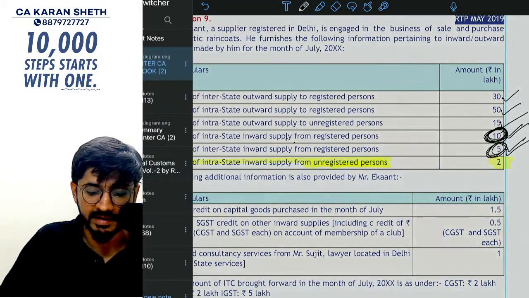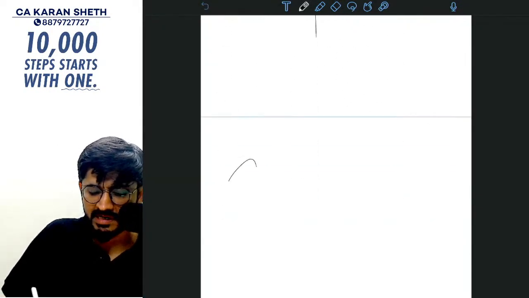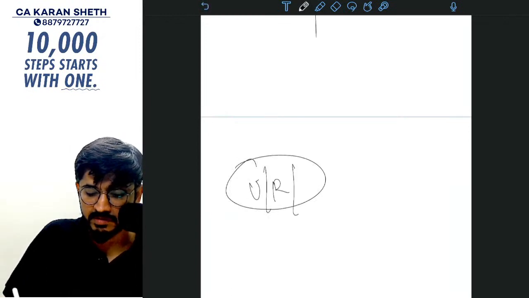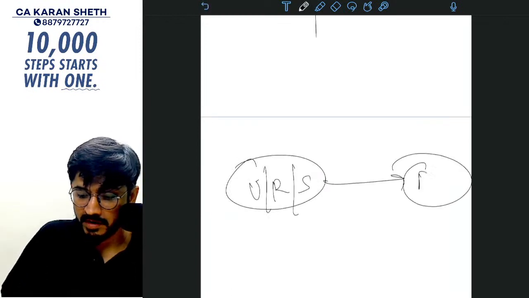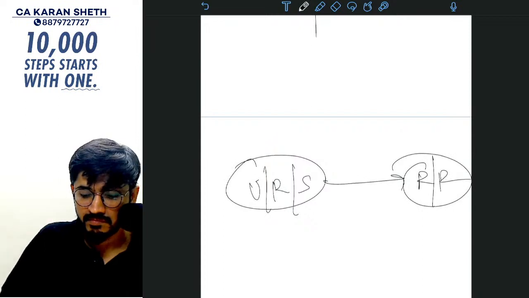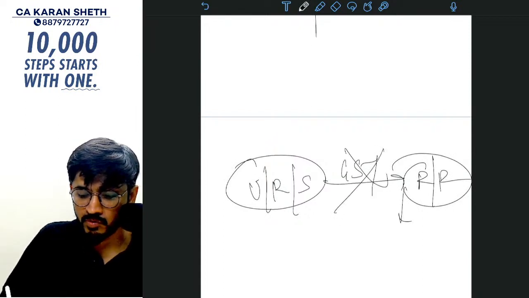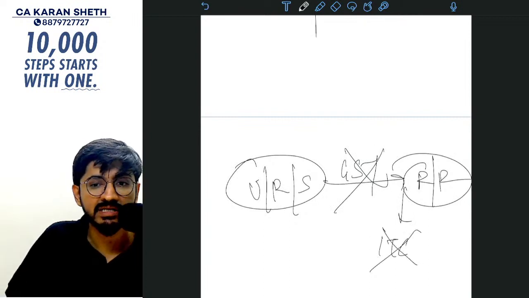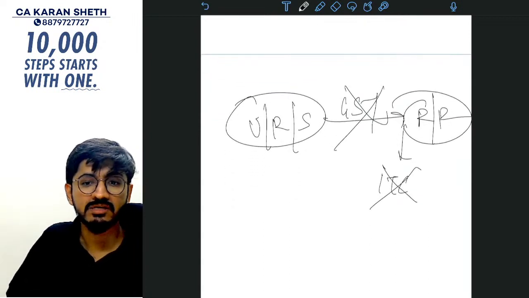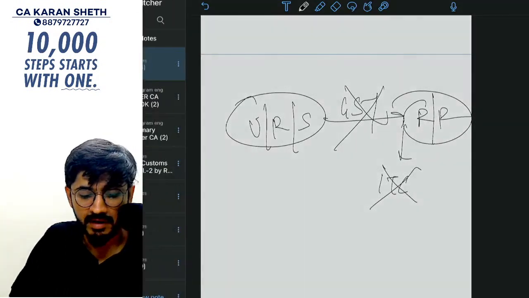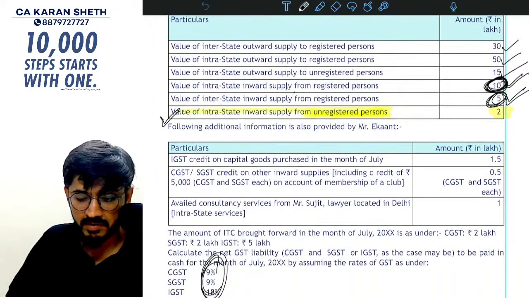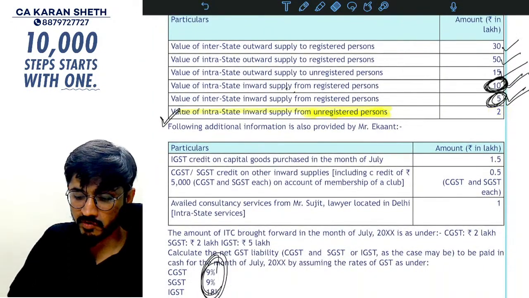You will not get ITC, because the supplier is an unregistered person and you are a registered person. How will you charge GST? If there is no GST, there is no question of ITC. Can't avail, my dear friends. So there is no question of ITC.